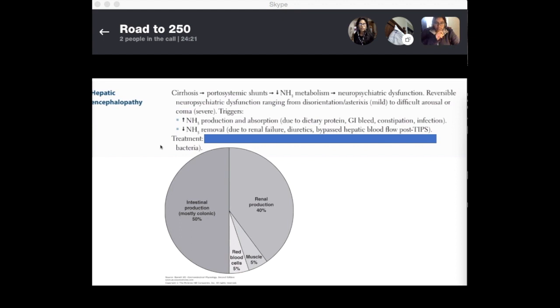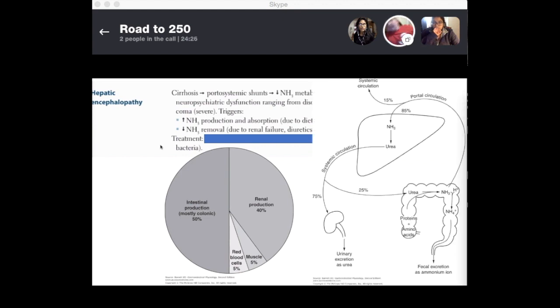And if you hit again, this is where we would normally see how our ammonia is being circulated and excreted from the body, either a urinary excretion as urea or fecal excretion as an ammonium ion, which we will also talk about.